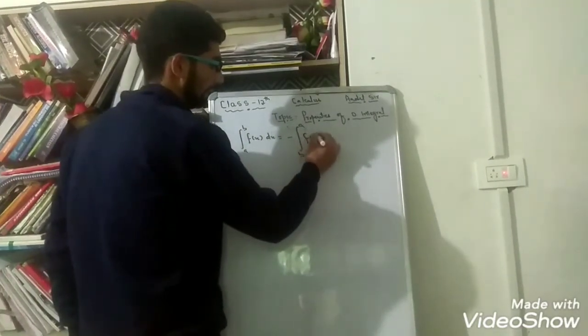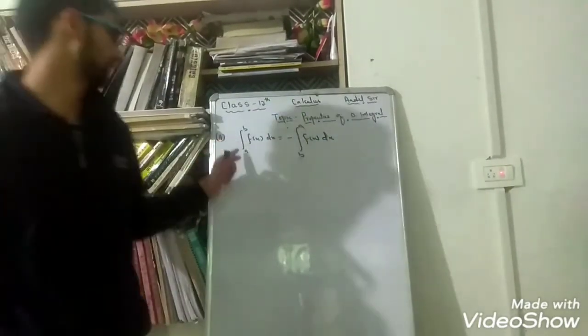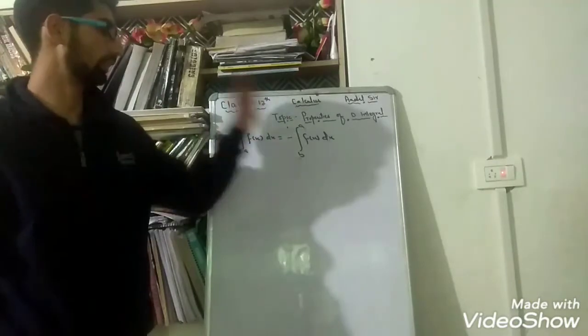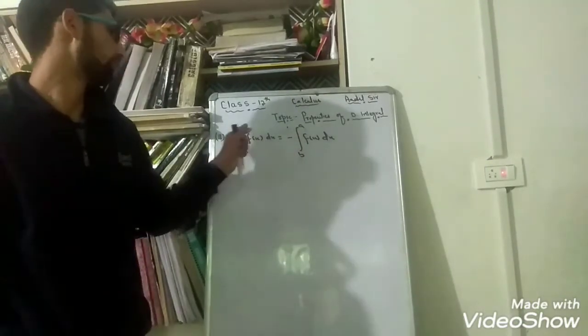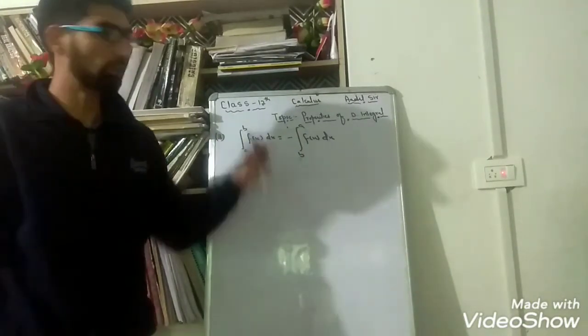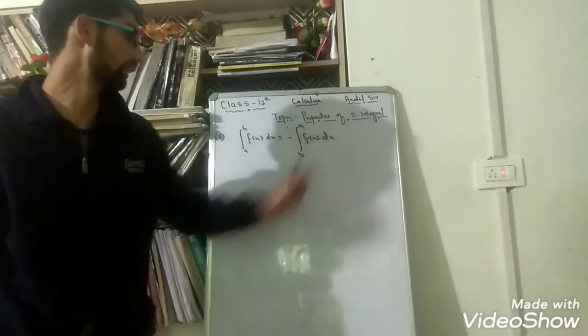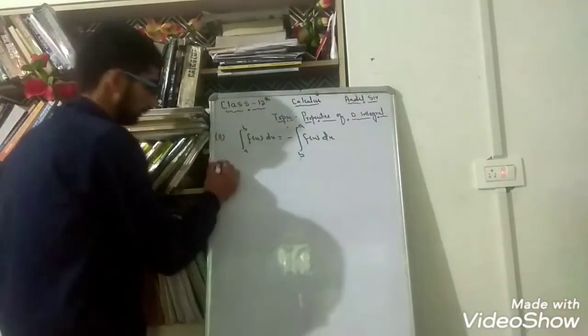What it means is, if we change the interval from a to b to b to a, then the value of the integral is equal to minus times the value of this integral. So I will prove it.